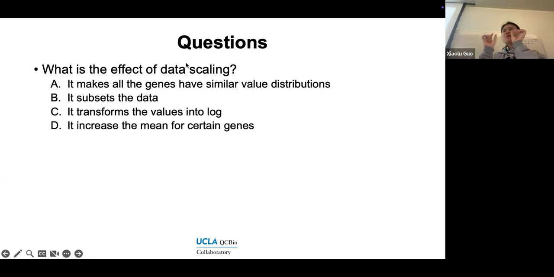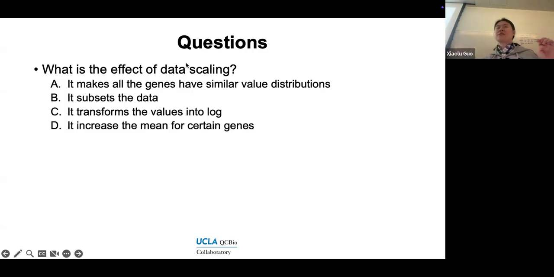Some genes naturally have much higher abundance, and some genes, although they express only a few molecules, are still very important. Just a few mRNA can make a big difference. So we don't want those highly expressed genes to overweight or dominate the downstream analysis. We want to equalize how much they contribute.